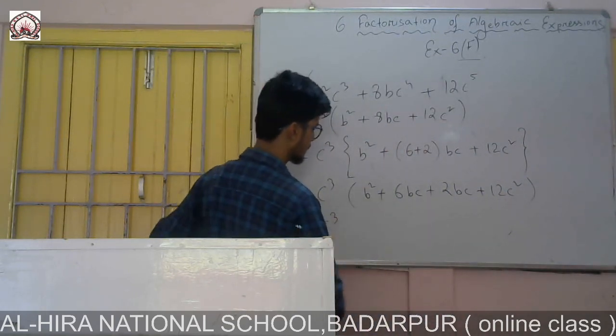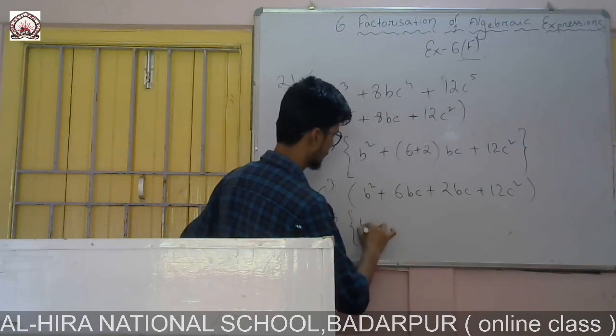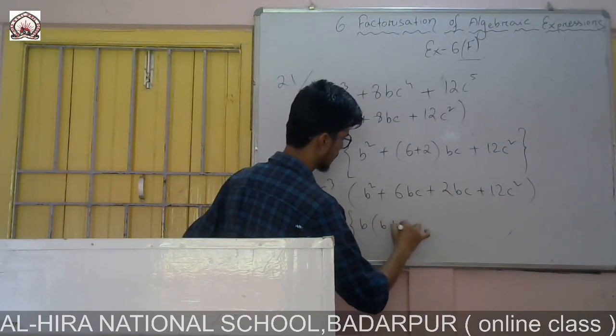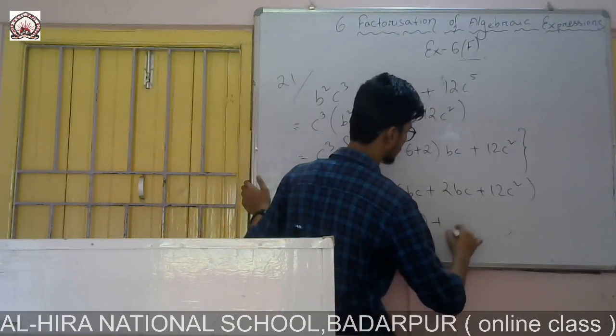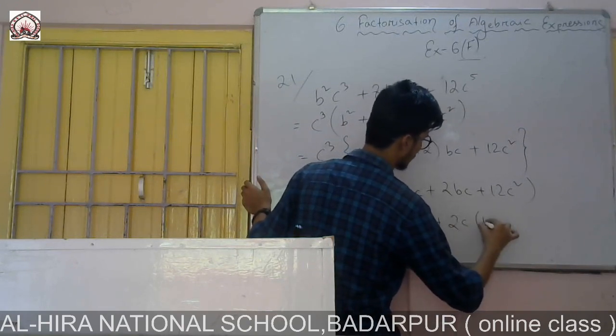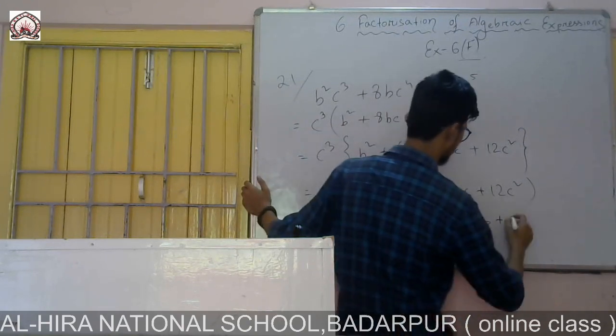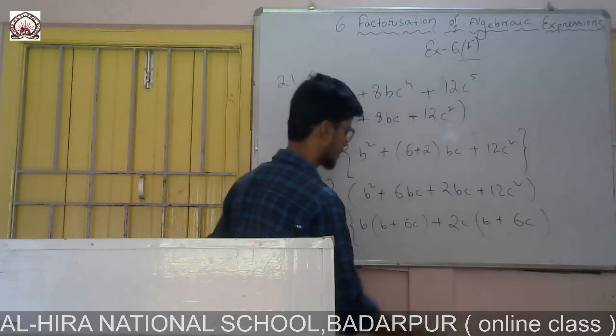c cube. So if I take out the common terms, there it will be b, so left b plus 6c, and there plus 2, and there c left. So after taking 2c, there also b plus 6c left. So 6 2s are 12, c into c is c square.